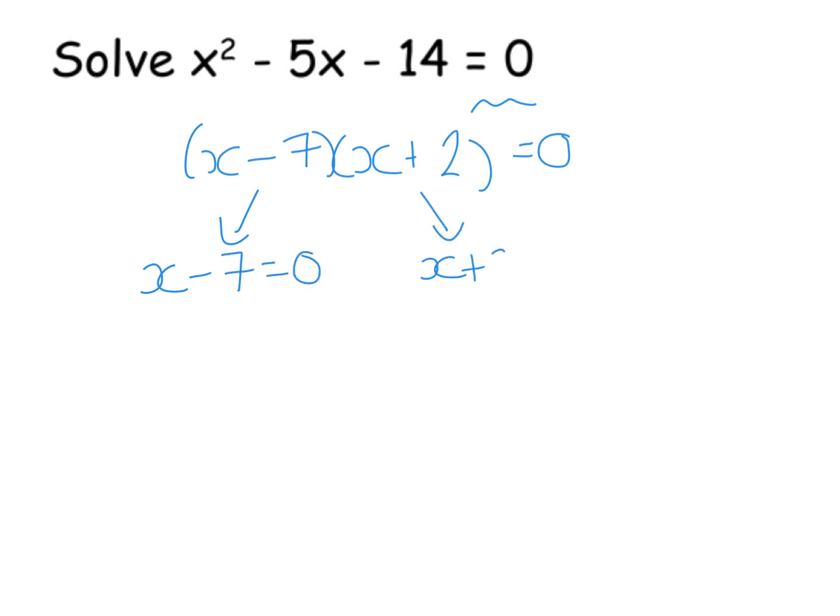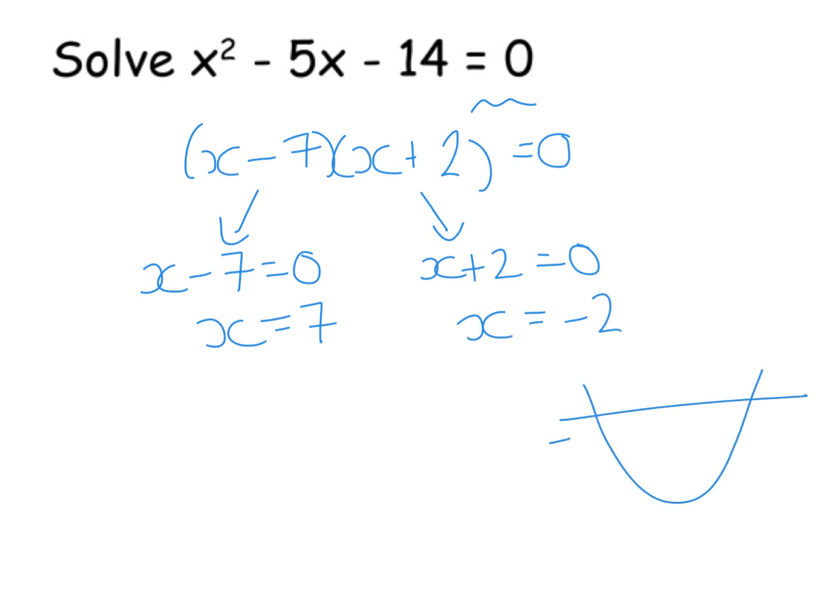X plus 2 equals 0. And when you solve them, you get x equals positive 7, x equals negative 2. And what you've just done is you found the roots of a nice smiley face equation, and you find that the roots are at -2 and 7. Big part of higher being able to do that within seconds, so get good at them, okay? So that was a trinomial.